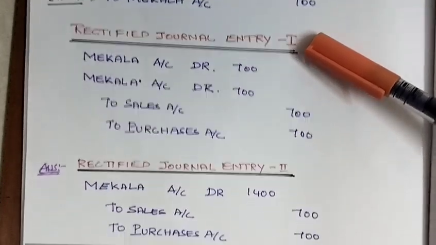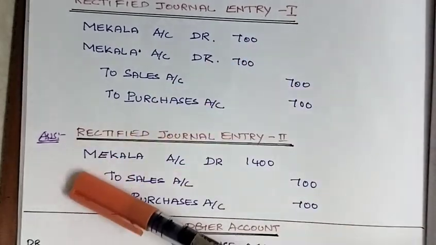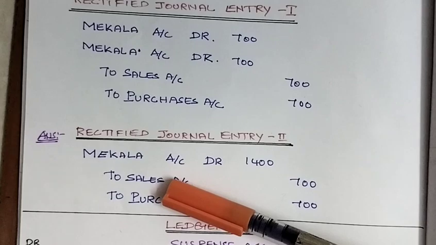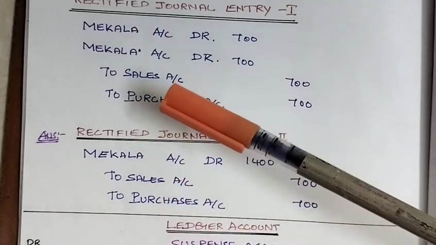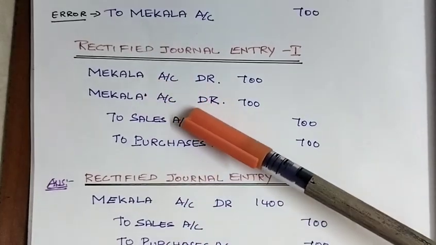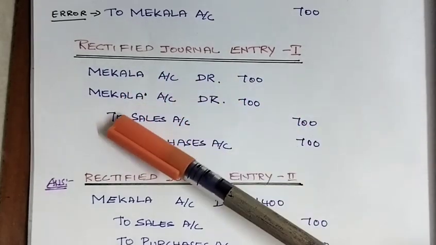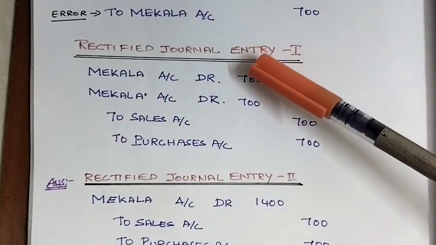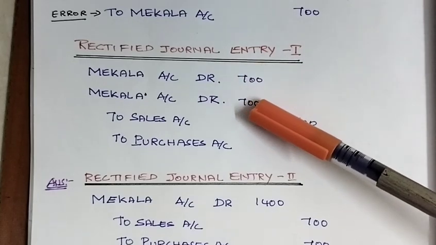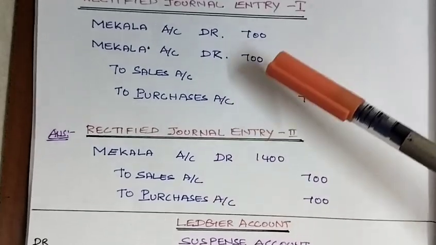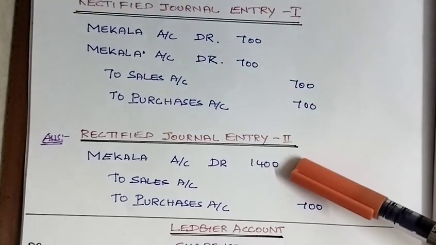Okay, then this is the answer, rectified journal entry 2. This is the actual answer. Listen, we have to total the Meghala account, because Meghala account debit 700 rupees and Meghala account debit 700 rupees. So Meghala account debit 700 plus 700, how much rupees? 1400.